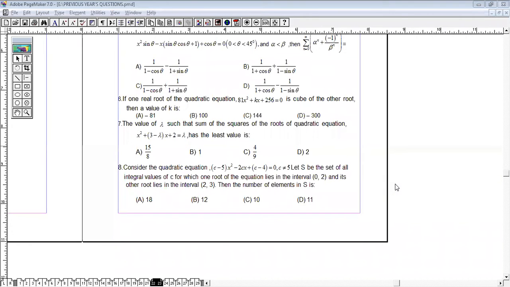Let alpha, beta be the roots of the equation x square plus (3 minus lambda) x plus 2 minus lambda equals 0. Bring lambda to this side.